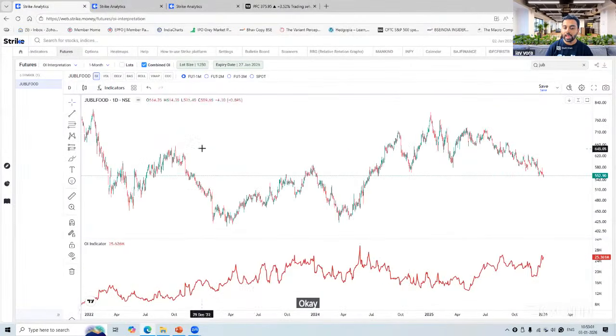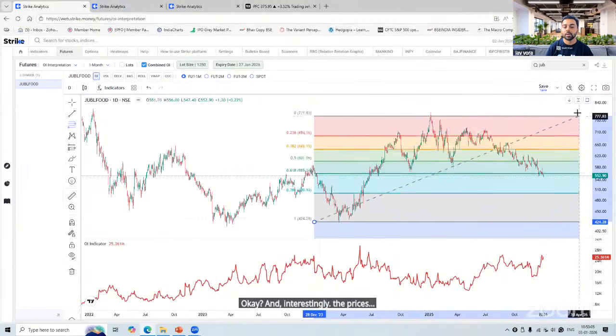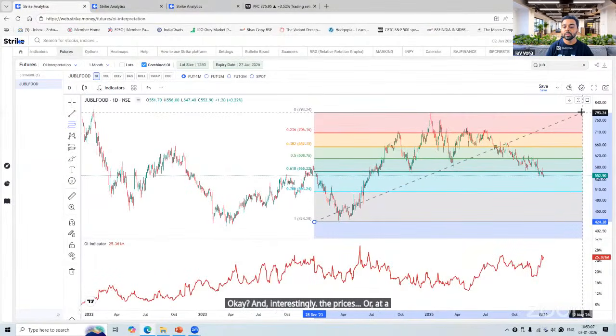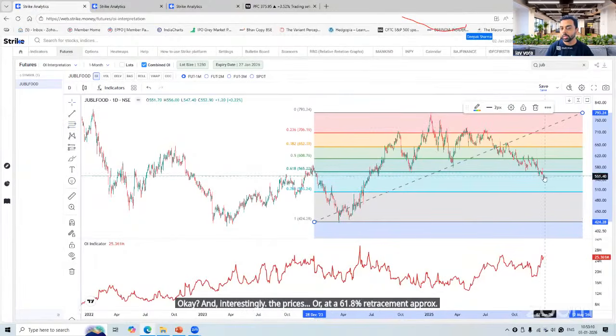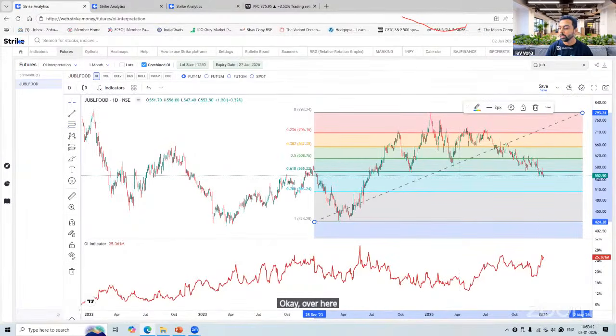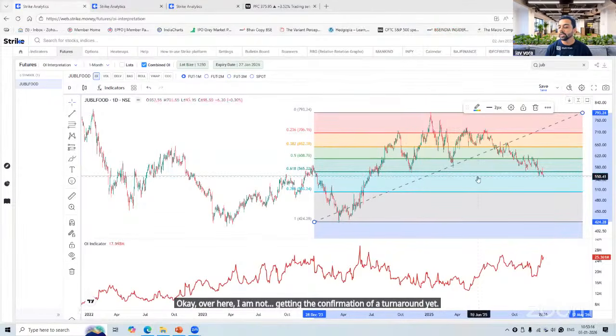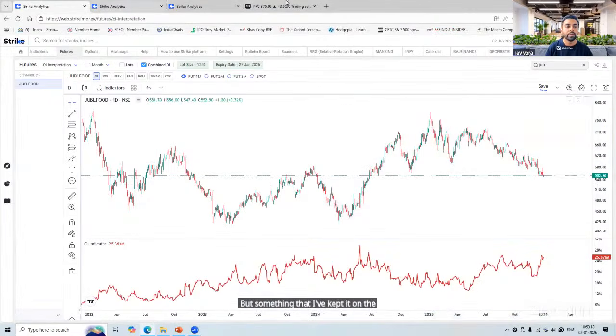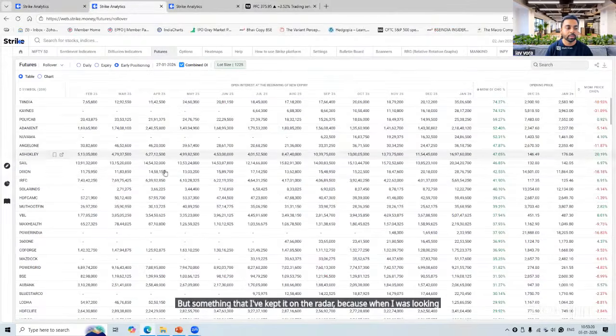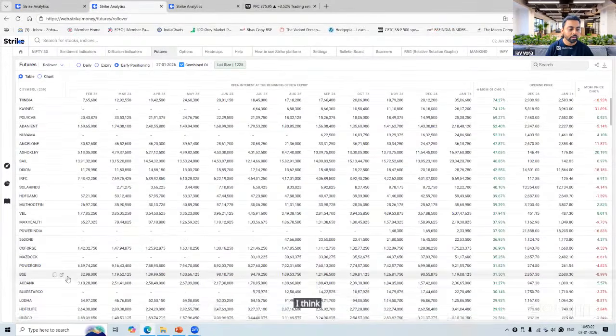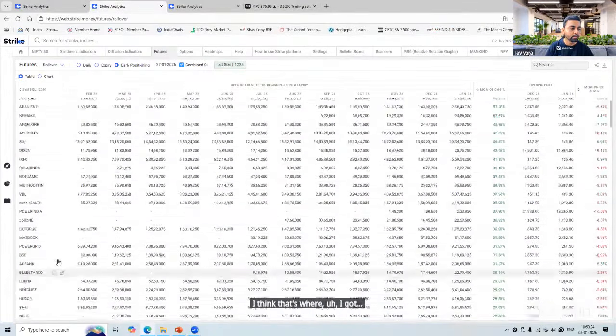Okay. And interestingly, the prices are at approximately a 61.8% retracement. Okay. Over here, I am not getting the confirmation of a turnaround yet, but something that I've kept on the radar, because when I was looking at this rollover data, I think that's where I got this one.